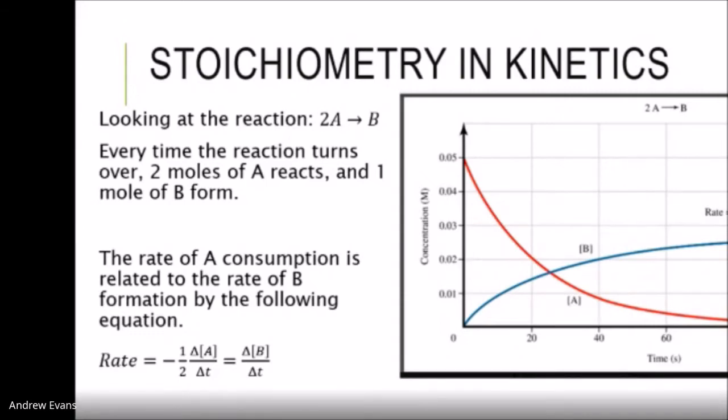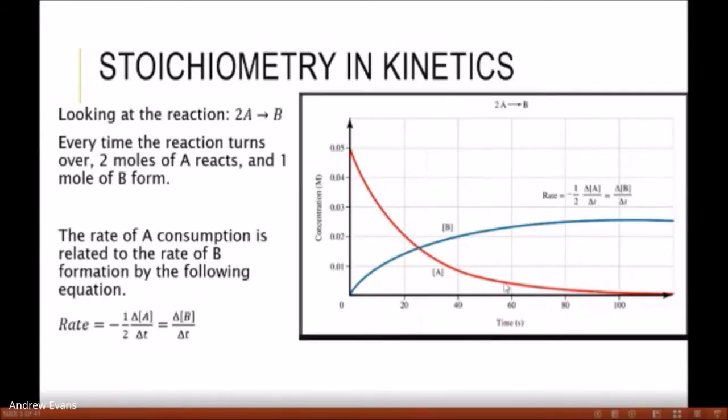But we can look at these reaction rates in relationship to each other based on this simple relationship, that looking at a generalized rate for this reaction, the rate of A is twice as much as the rate of B. So if I take the rate of A, we'll say it drops like 5 per second.